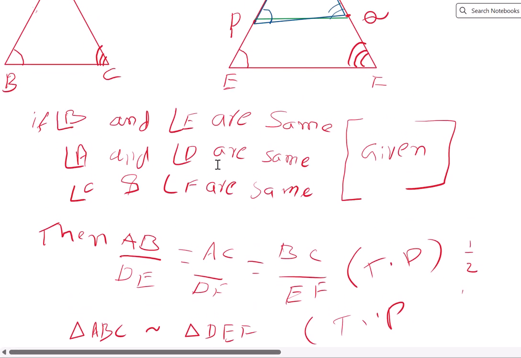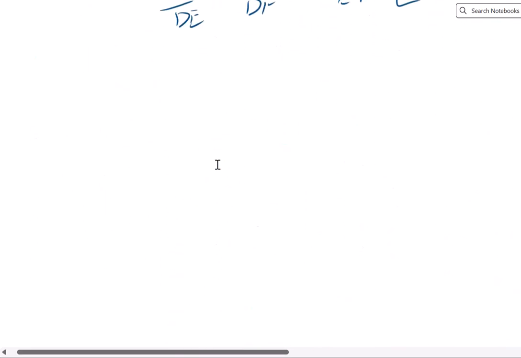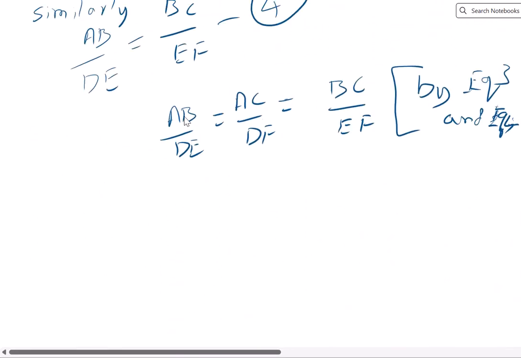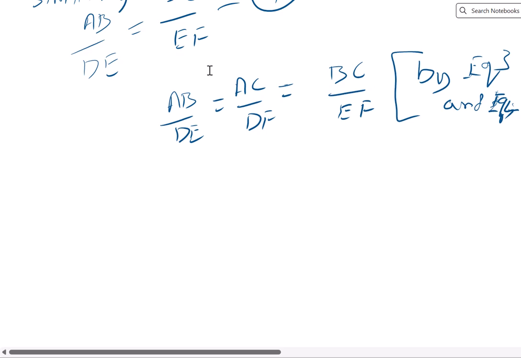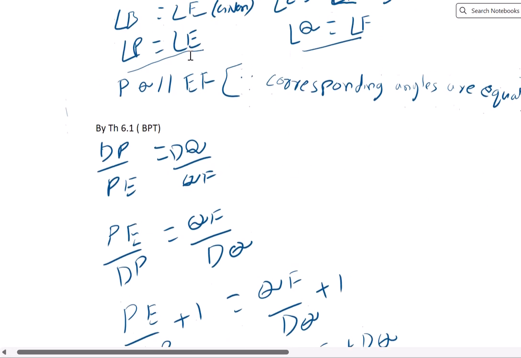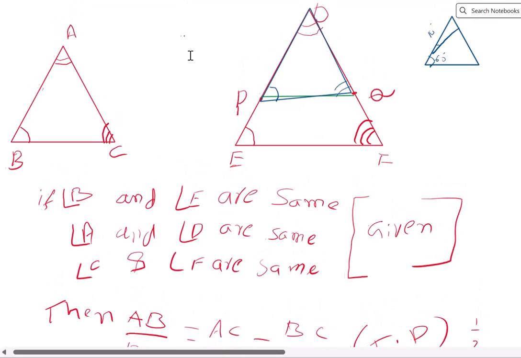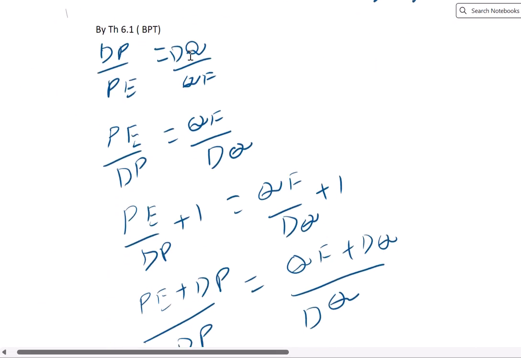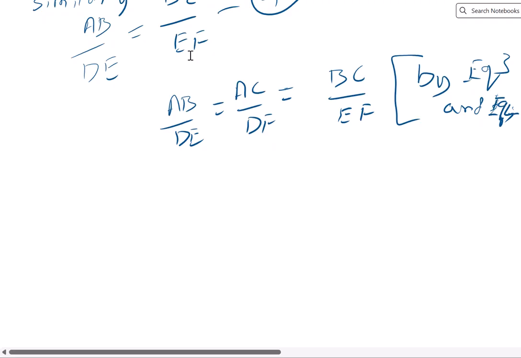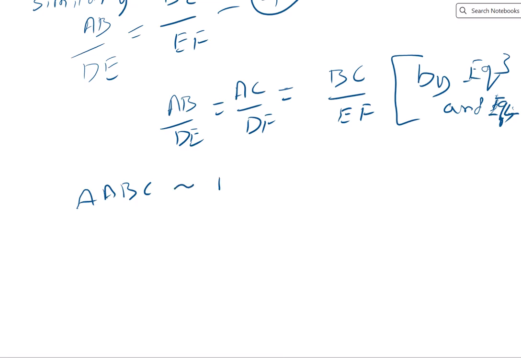It is given that the angles are the same, and we have proven that the corresponding sides' proportions are the same. So with these two, triangle ABC and triangle DEF become similar. So now the second point is also proved.